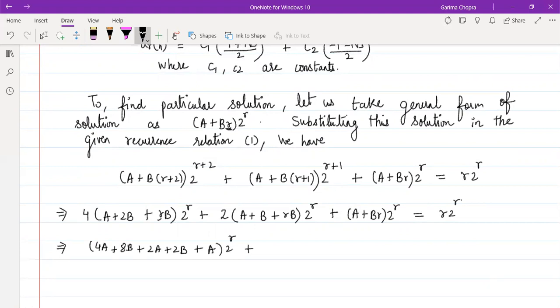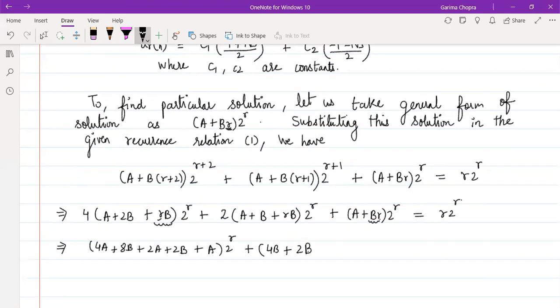Now let us collect the terms which have r times 2 raised to power r. So this is 4b, this one 4b, and here we have 2r, and here we will be taking this r outside, so here it is 2b.